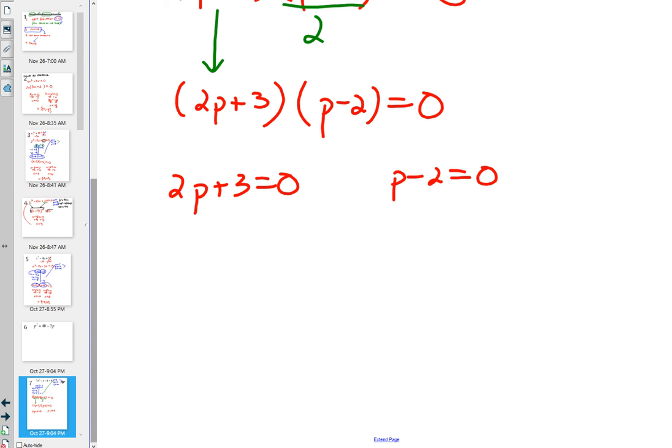So now that I finished factoring, make each factor equal to 0. Minus 3, minus 3. Divide by 2.